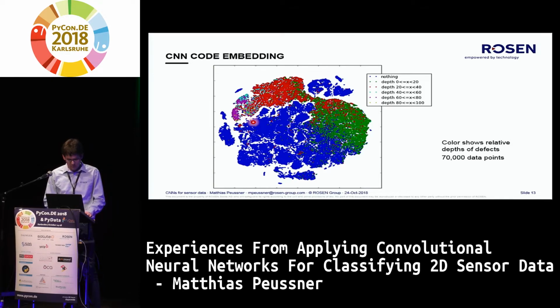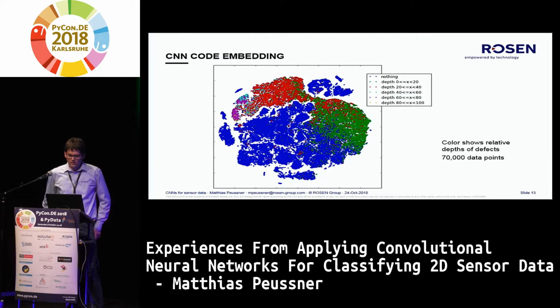On the left side we have the deepest defects, the yellow and magenta. Then we have the cyan and red ones, which are more shallow, and the shallowest defects we have here on the right.